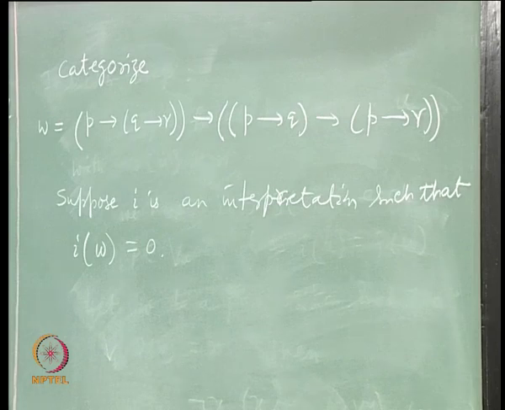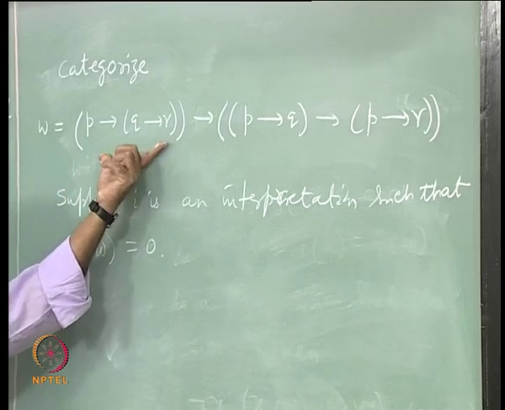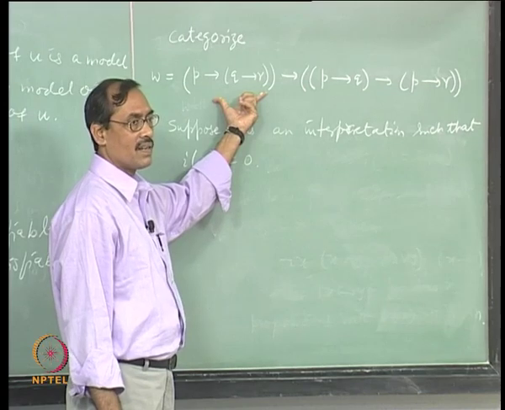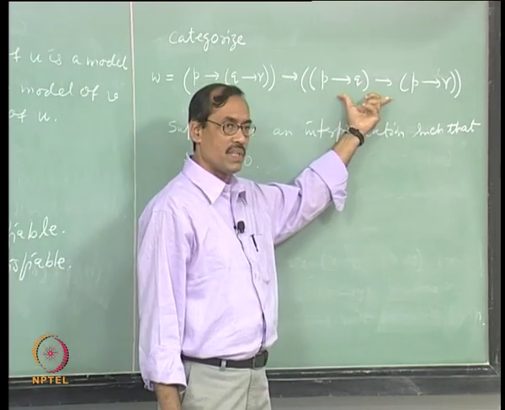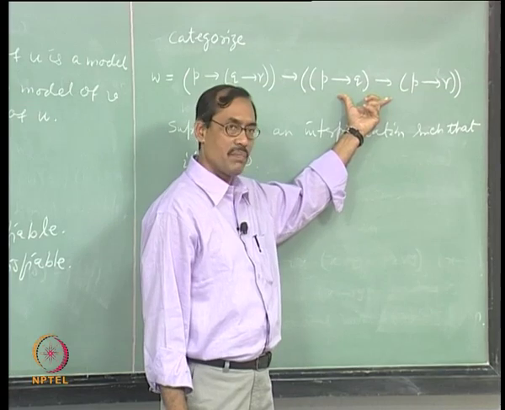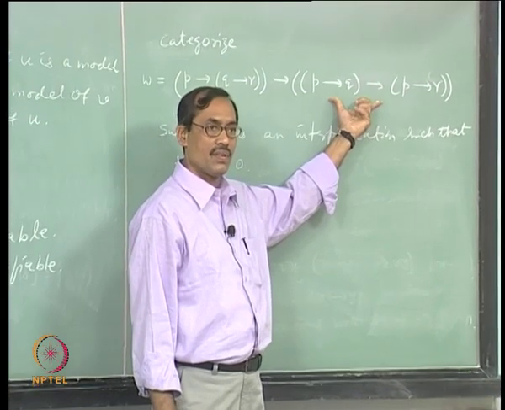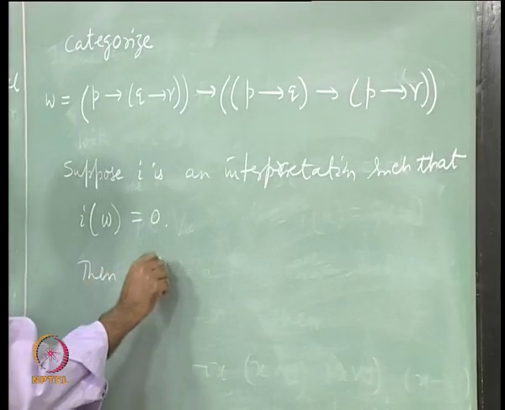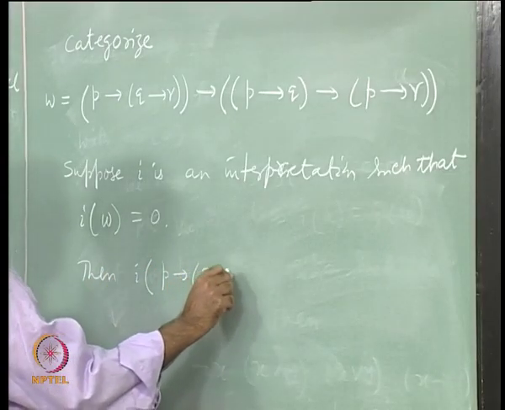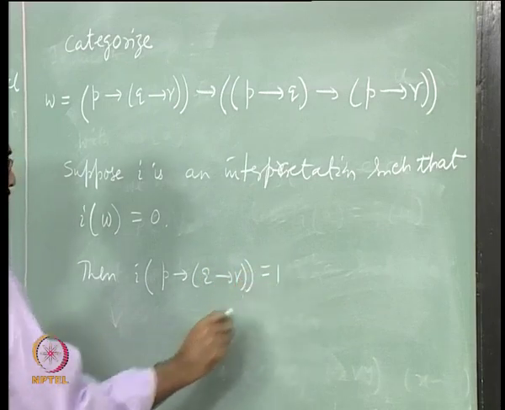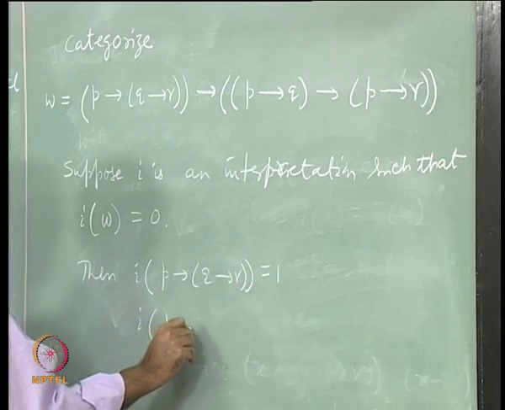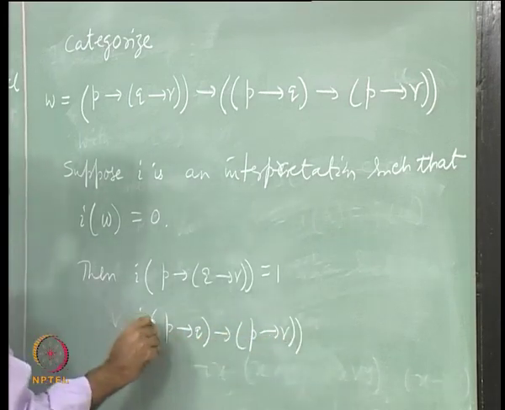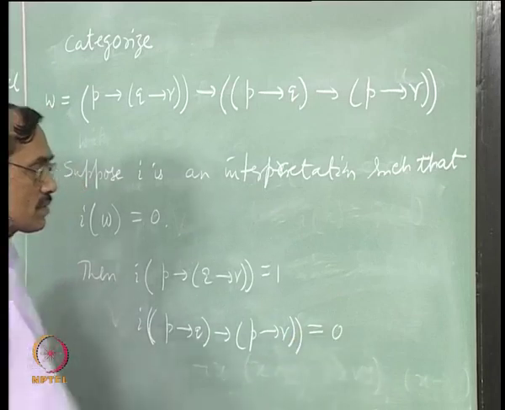So, in that case, its sub-proposition P implies Q implies R should be 1, and the other sub-proposition P implies Q implies P implies R should be 0. So I of P implies Q implies R is 1, and I of P implies Q implies P implies R is 0.